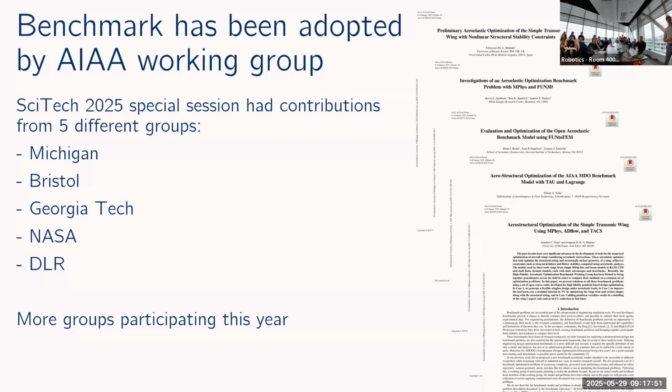And since then, the benchmark got picked up by this AIAA working group, and at SciTech 25 in January this year, we had myself and groups from 4 other institutions present our results of applying our tools to these benchmark problems. And this year, we're continuing to develop the problems, and we'll have more new results at SciTech 2026.